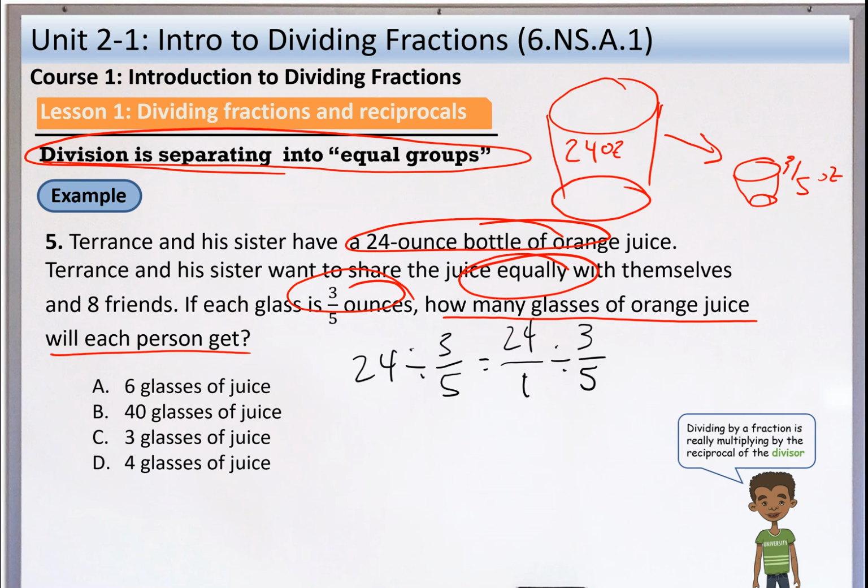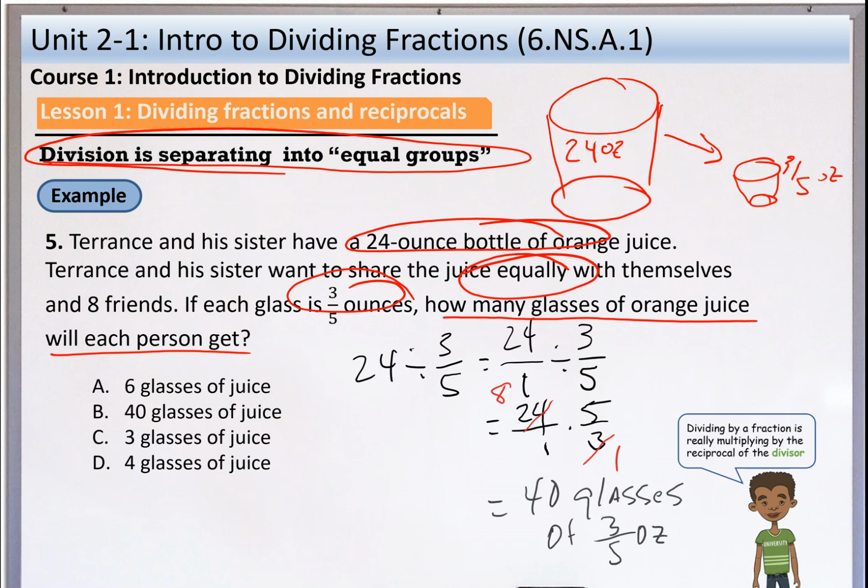So 24 separated into groups of 3/5 is dividing 24 by 3/5. I multiply by the reciprocal of the divisor. I simplify before I multiply if I can. That leaves me 40 glasses of 3/5 ounces, which was not the question. So that is not the answer.